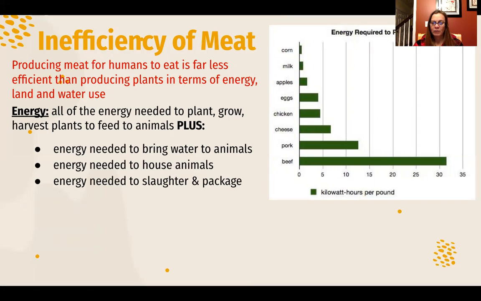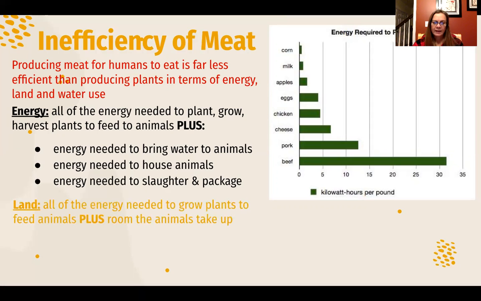And as you see from our graphic here, it's substantially more than fruits and vegetables. Beef is by far the highest energy requiring meat. So eating lower on the energy source is more sustainable.